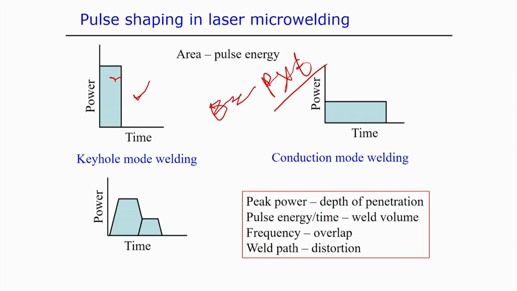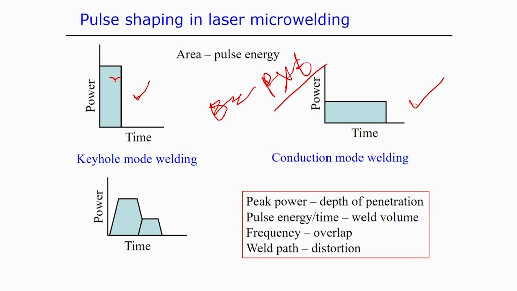But if we look at the second figure, in this case there is a release of energy, but the duration is a little more compared to the first case. Of course, it is the same amount of pulse energy in the second case, but the peak power is less and the pulse on-time is more.